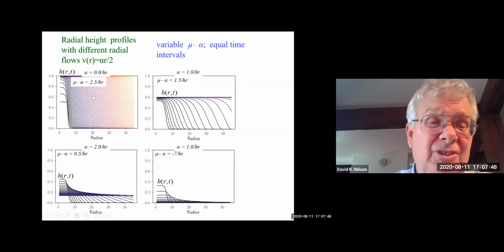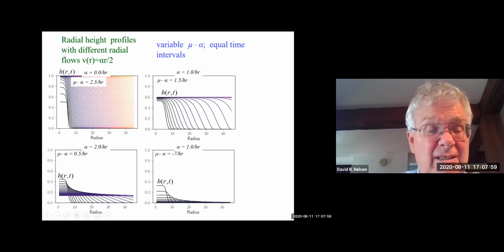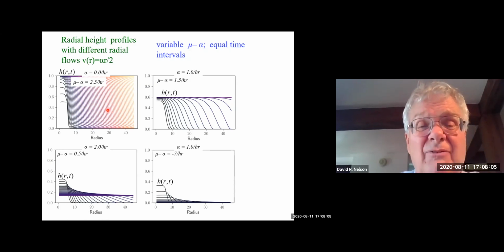Here's a numerical solution of that equation. If there's no stretching, then we get one of the Fisher waves that Yuriv mentioned. These are equal times, and so you can see that they're equally spaced, so it's a constant velocity Fisher wave.